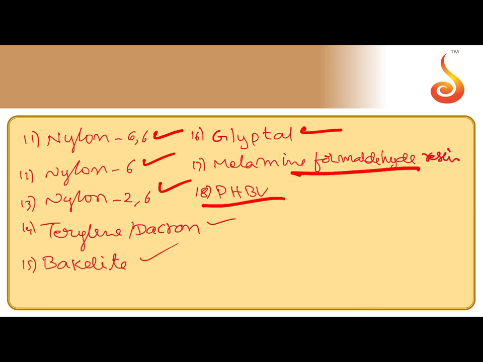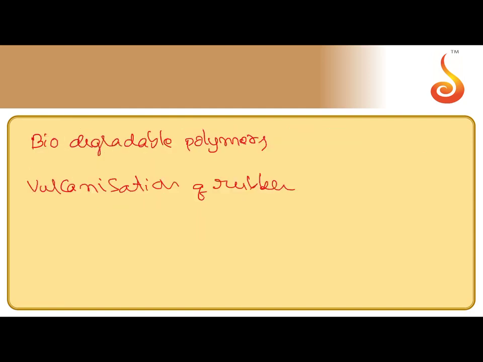Collect all types of polymers. For each polymer, you have to collect monomers as well as how to write the repeating unit. So in the examination, they may ask the repeating unit of so and so polymer, or what are the monomers present in a given polymer.